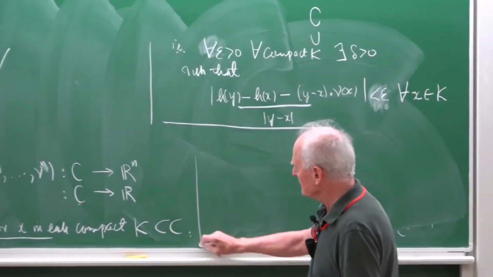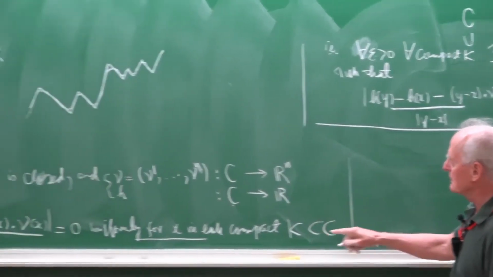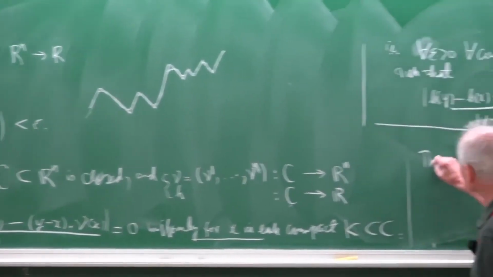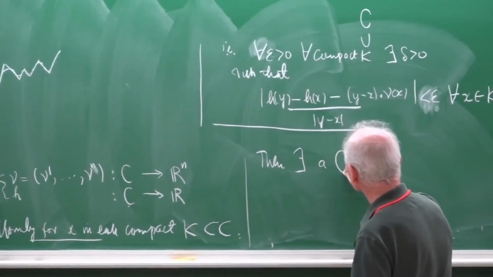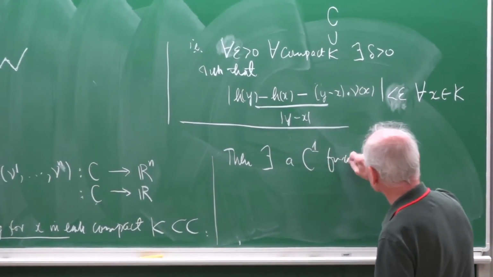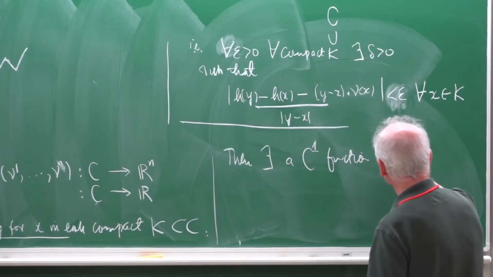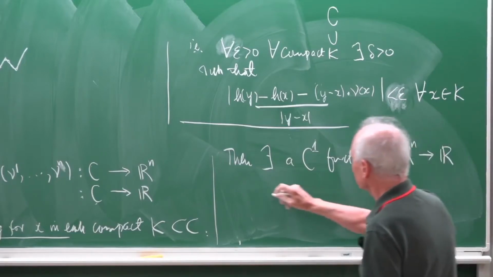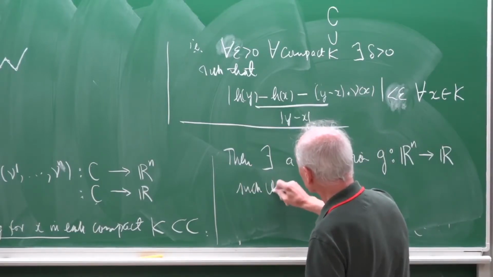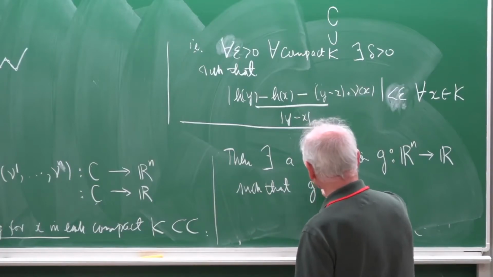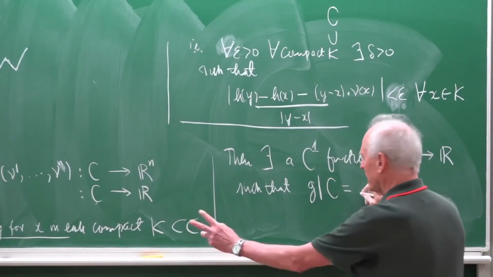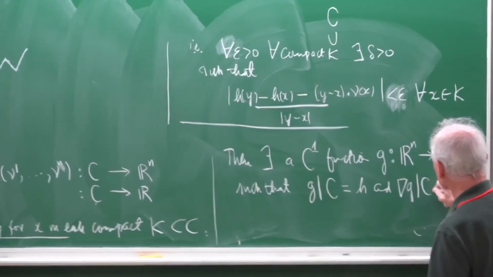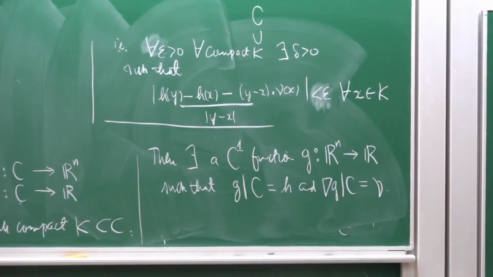And these are the hypotheses of Whitney's theorem. The conclusion is that there's a C1 function defined on all of Rn, a function G from Rn to R, such that G restricted to C is equal to this H, and the gradient of G restricted to C is equal to this vector function nu.